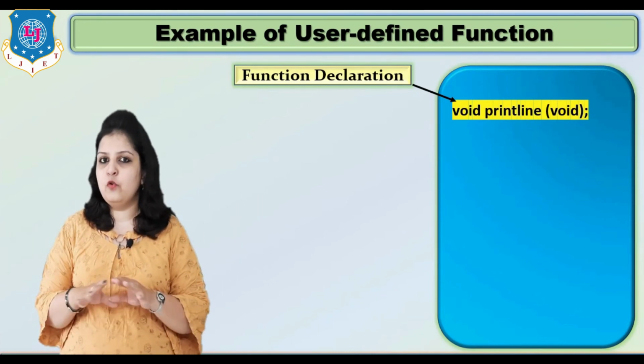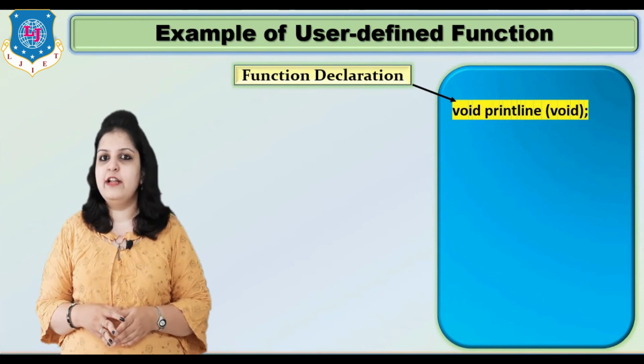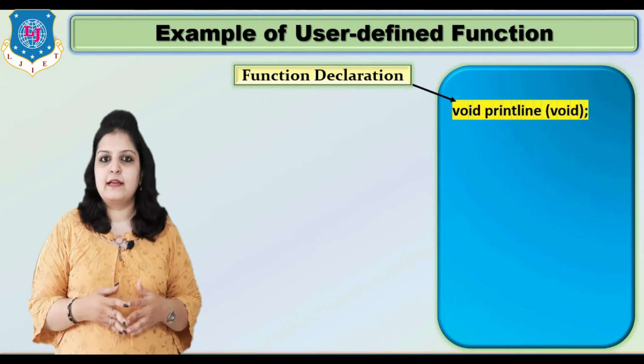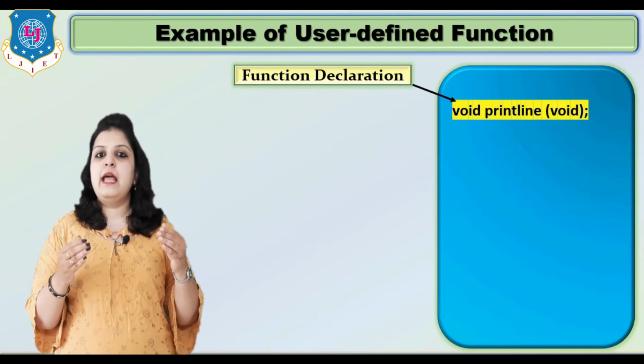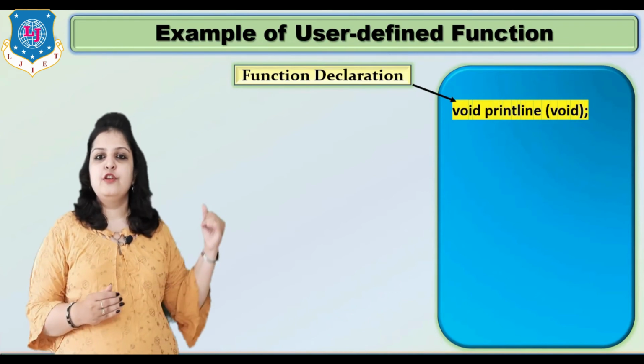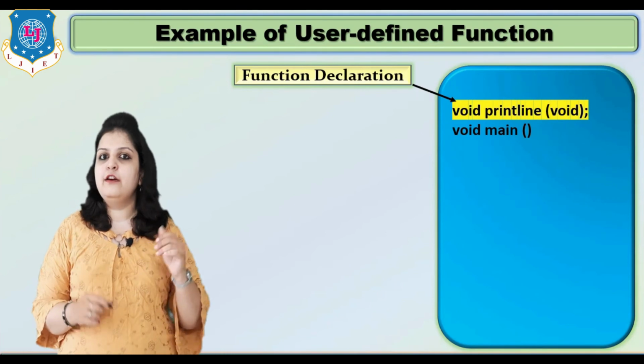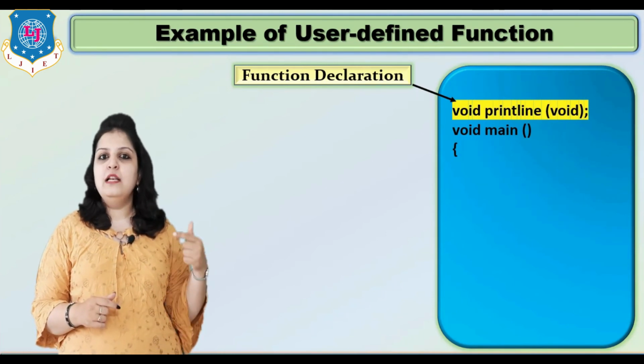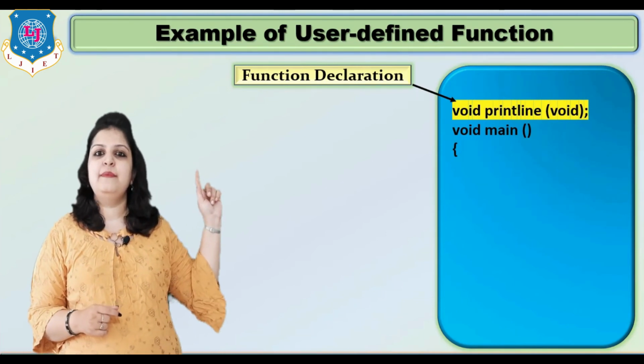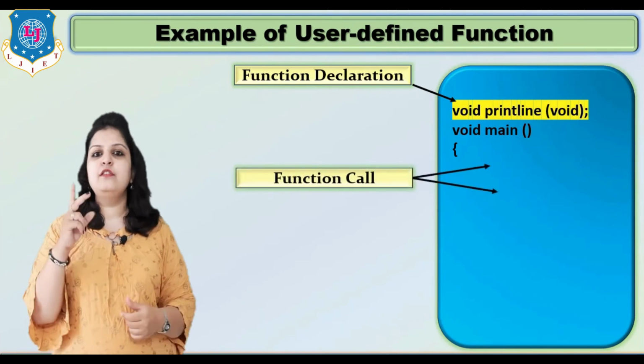And in the bracket there are no parameters, so I am writing void, or you can also keep this bracket blank. Now next move to the main section. Write void main, and we always have to write the function call in our main section. I am calling the function, our function name is println, and I am calling this function 2 times.